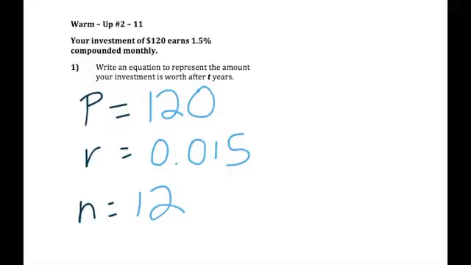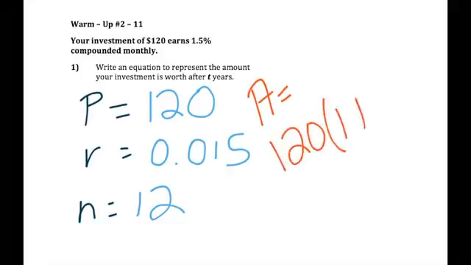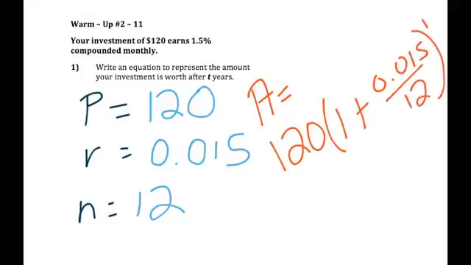Now we need to write our equation, which is going to be A equals 120 parenthesis 1 plus 0.015 divided by 12, and the whole thing to the power of 12t.